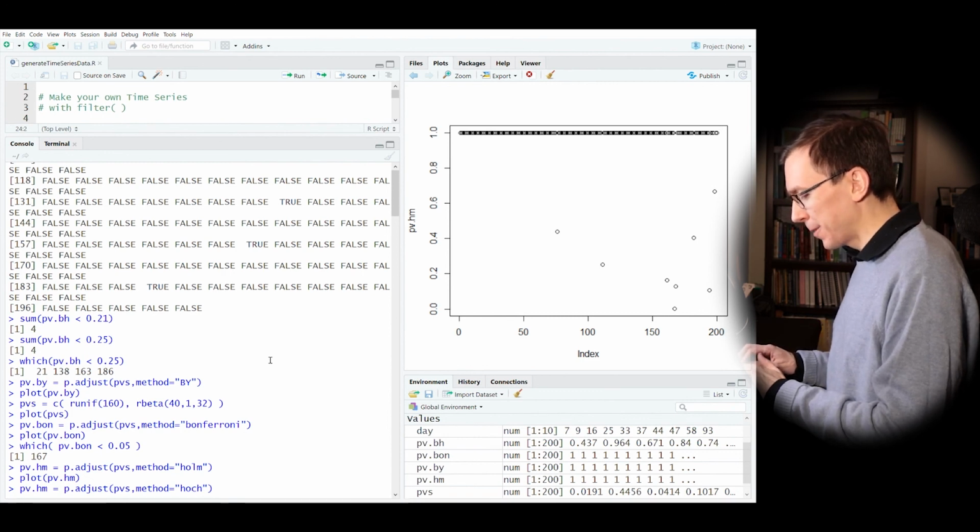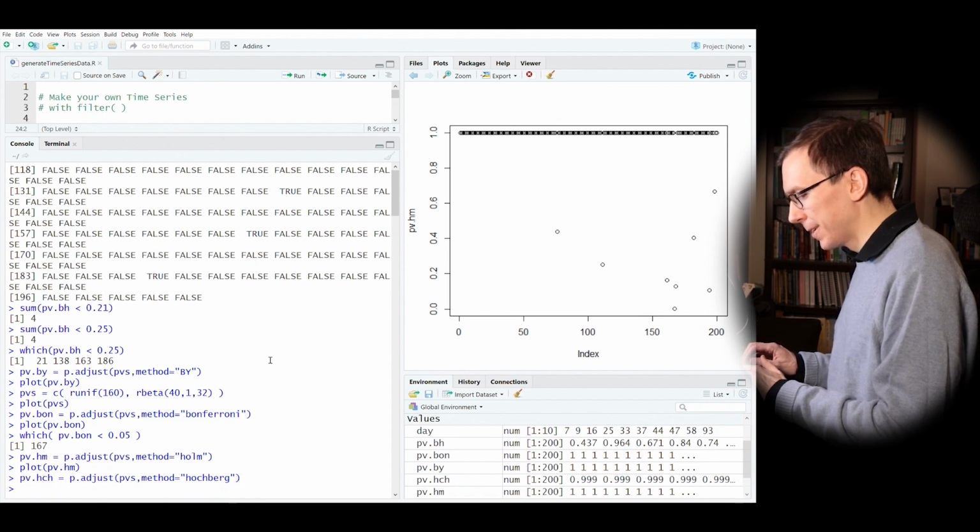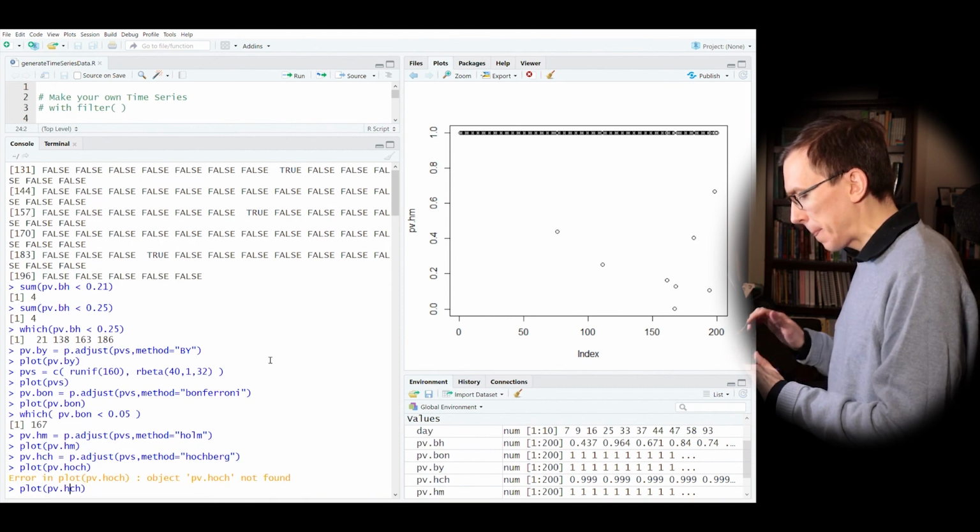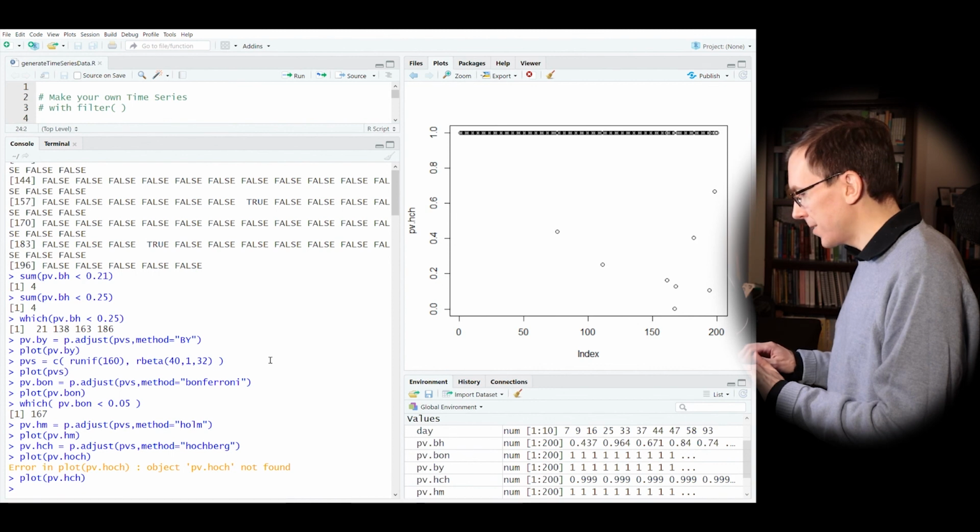We can try the Hochberg method. I actually forget what the Hochberg method is. I'd have to go look it up. We'll say HCH, or yeah, for Hochberg. All right, so that one also does about the exact same thing as these other methods.